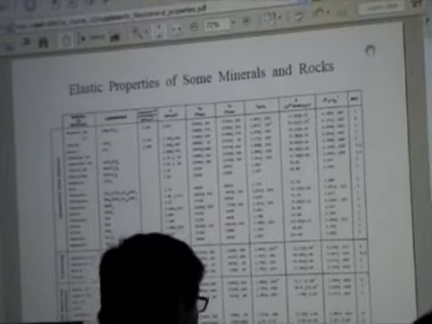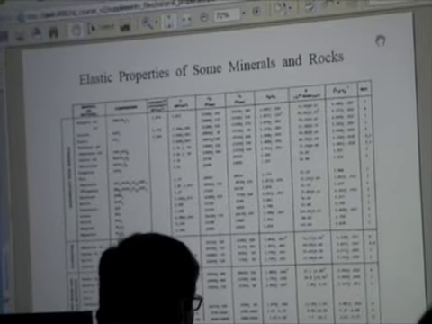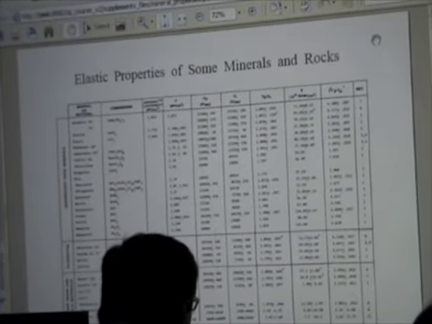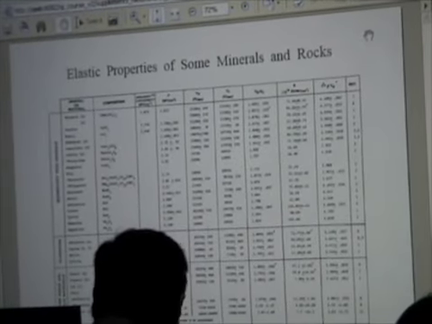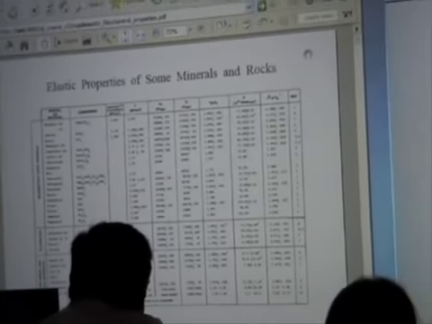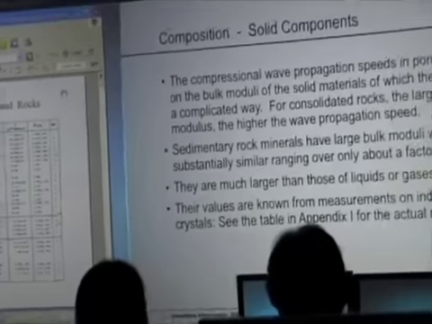The moduli of solid material are much larger than the moduli of fluids, which in turn are much larger than those of gases. Gee, great revelation.